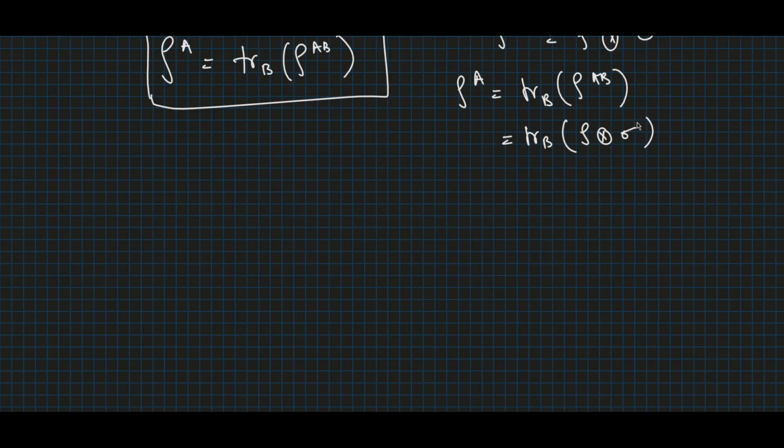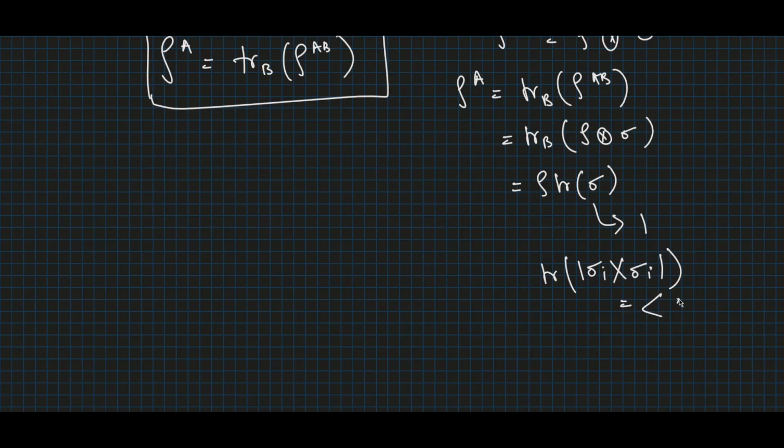Now partial trace over B would be tracing out the subsystem B given by sigma, which would be equal to rho into trace of sigma, and this trace will be equal to 1 since trace is for diagonal elements. Therefore the trace of the element sigma i outer product sigma i can be written as the inner product of sigma i with sigma i, and this is equal to 1 from the orthonormal condition. Therefore this value would be equal to 1, which leaves rho A equal to rho.